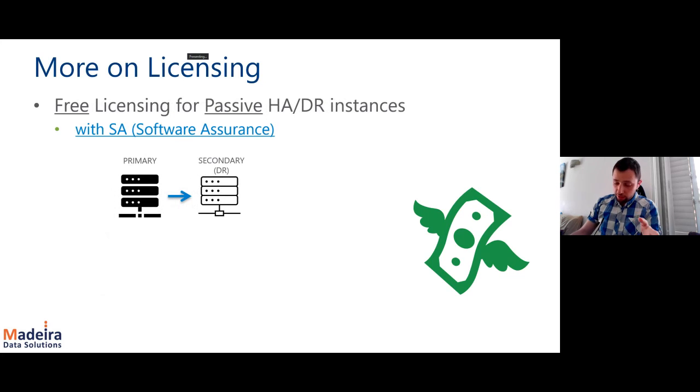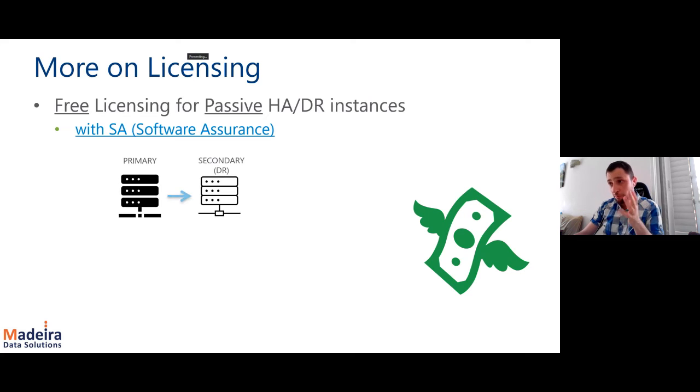More on licensing, if you have a software assurance agreement with Microsoft and you have an availability group that is only used for DR, it's only used for failover, and unless it is the primary, it fits the category to have a passive HADR instance, and in this case, the licensing for SQL Server is free.